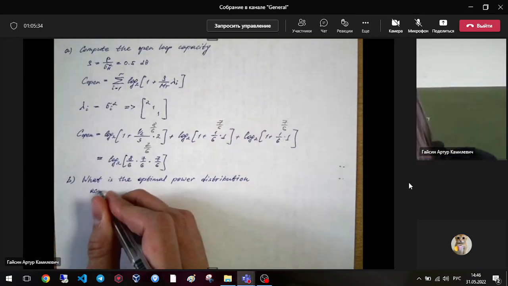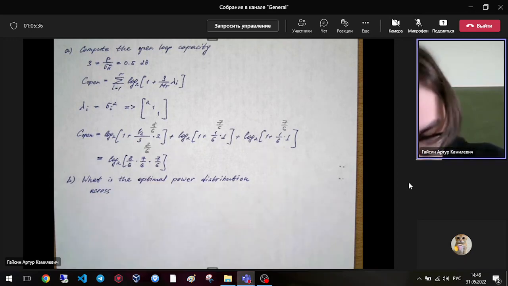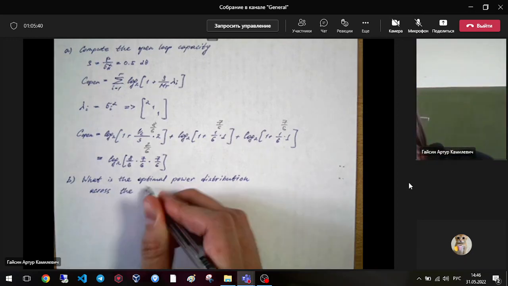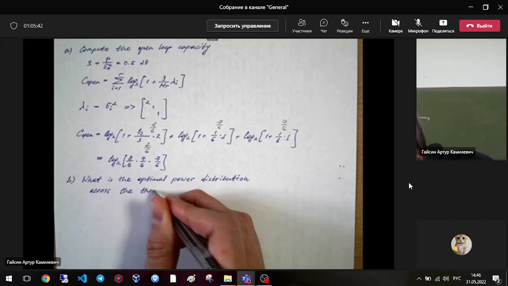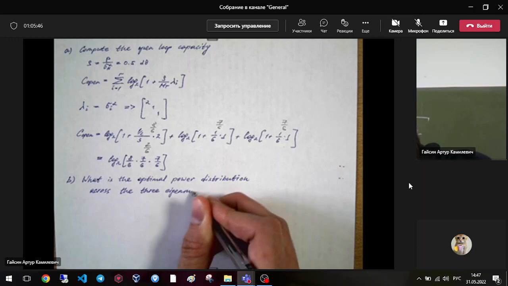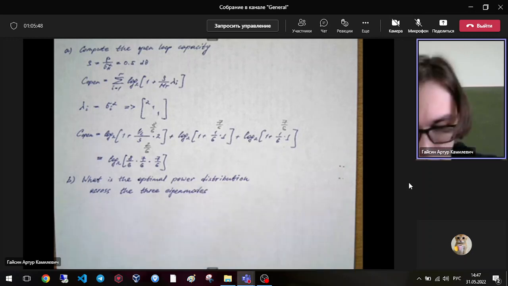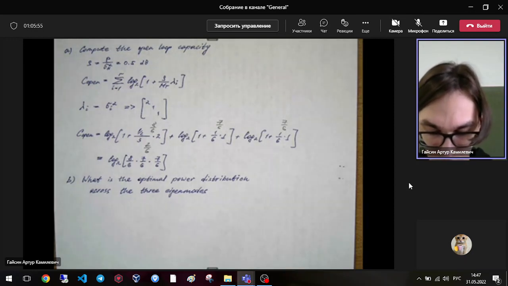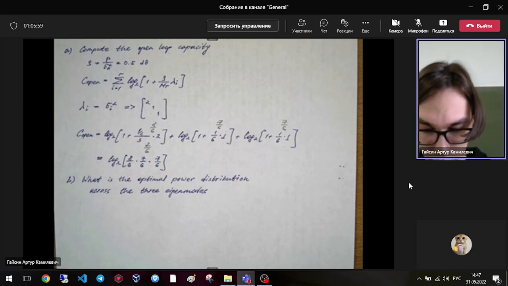Across the 3 eigenmodes. And here, first assumption that signal to noise ratio goes to plus infinity.